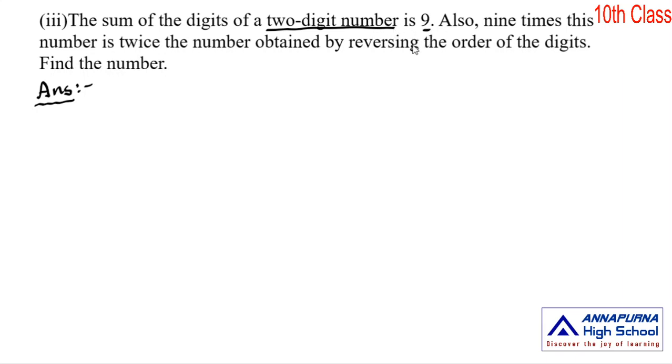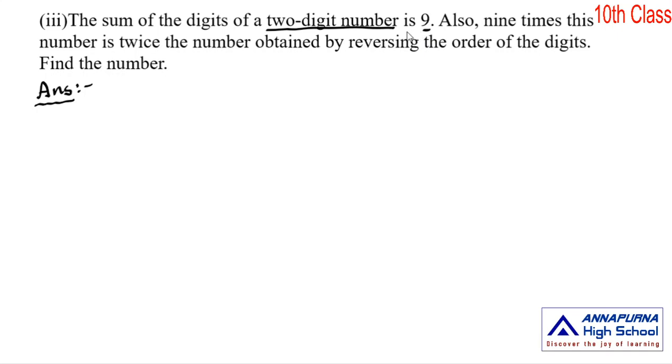The sum of the digits in the two-digit number. Two-digit number means the two digits are placed in ones and tens place. So here the 9 represents the sum of the two digits.